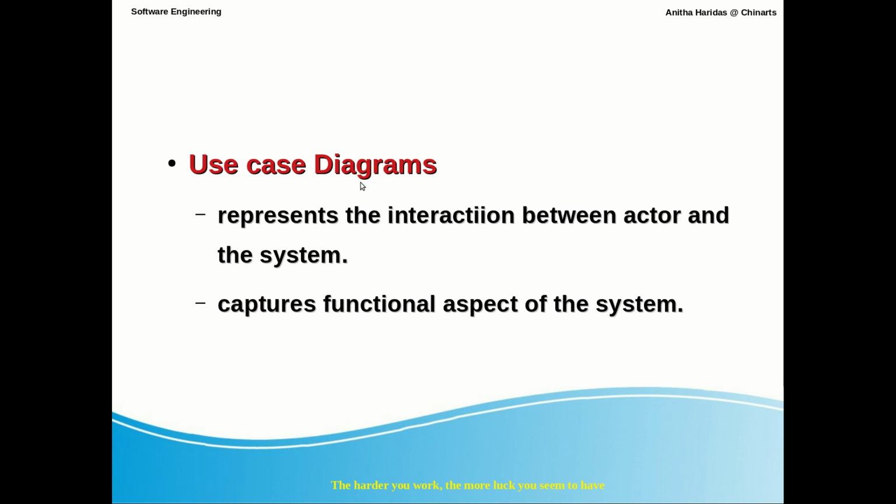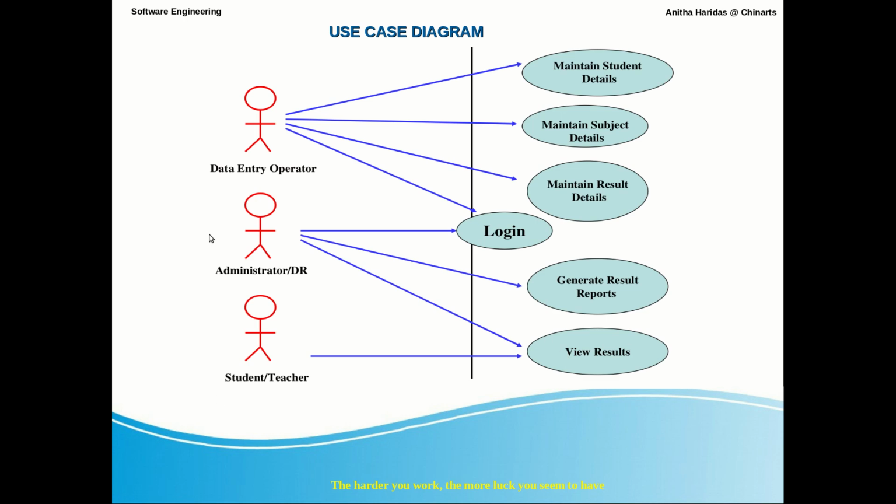So I can say use case diagrams represent the interaction between actor and the system, and they capture the functional aspects of the system. In this example, you can see who are all the end users of the particular system and what are the functionalities provided.